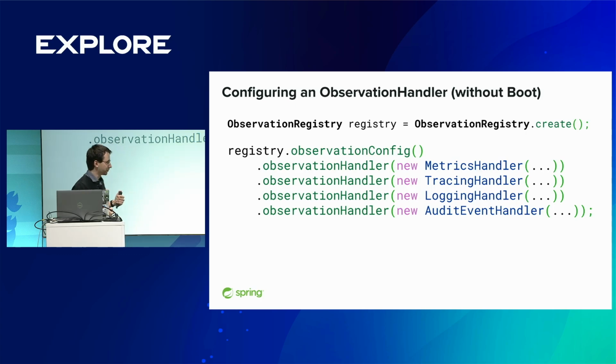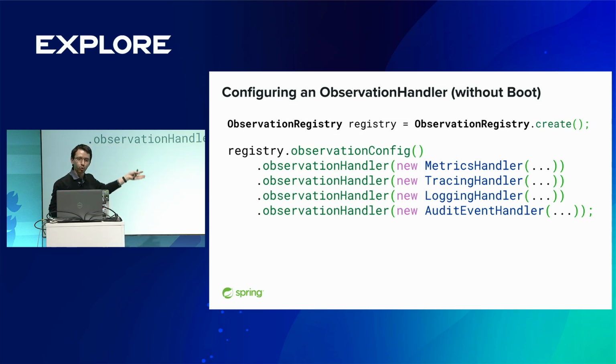So what you can do, you can implement, except in a lot of cases you don't need to because we give you an implementation for these. But you could implement, if you don't like our implementation, a handler that will start and stop a timer when you start and stop an observation. You can have another handler that will start and stop a span if you start and stop an observation.